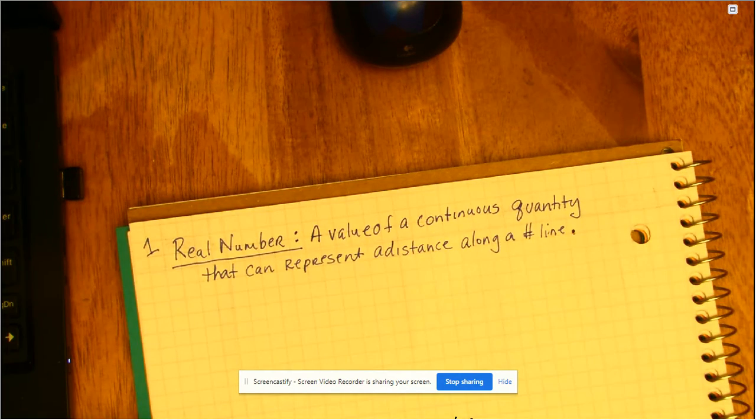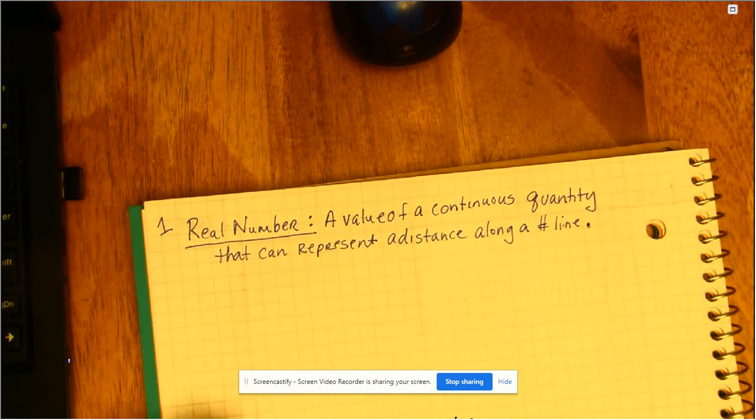Okay, so that is a real number. It's pretty much all the numbers that you know.